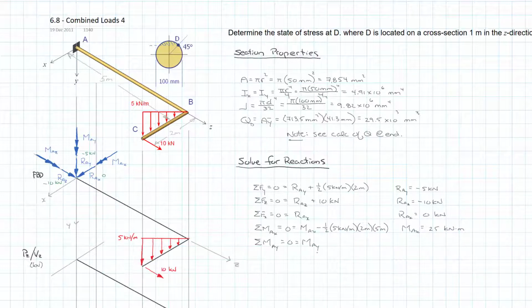Again, we drew them all in as positive, and if I look at the 10 kilonewtons, it's trying to go negative, and so we have -10 kilonewtons multiplied by its perpendicular distance, which is the 2 meter length BC. And so we get MAY is equal to 20 kilonewton meters.